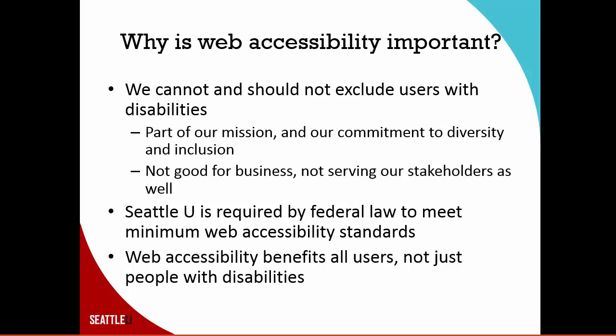So not only is it the right thing to do, but Seattle U is required by federal law to meet minimum website accessibility standards. We cannot think about website accessibility as something special, as an add-on, that only benefits people with disabilities. It benefits all users and should be part of our normal, usual practices.